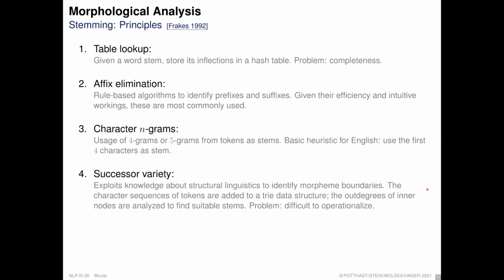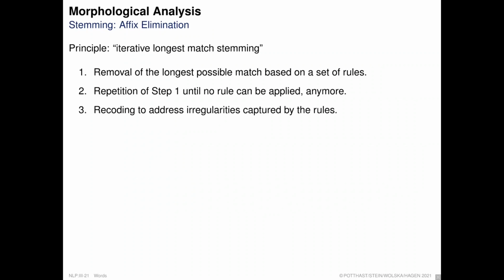Such methods exist and are usually explored in morphological analysis proper. Of course, it's difficult to operationalize, requires a lot of encoding of linguistic knowledge, and it's mainly used in morphological analysis proper, as for stemming more often than not, the more robust methods are used, even if they are not at all linguistically informed.